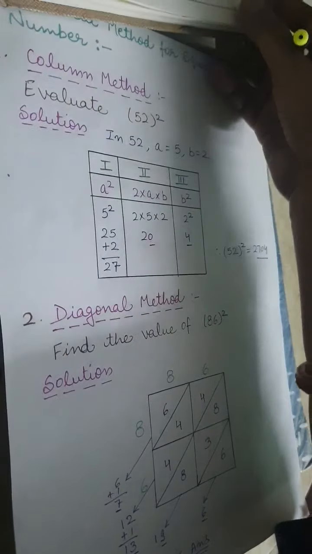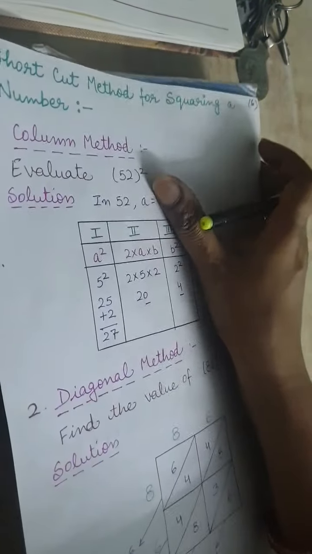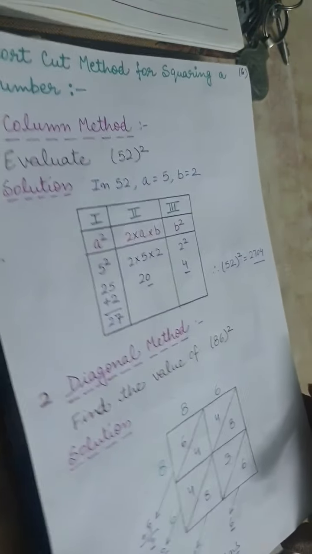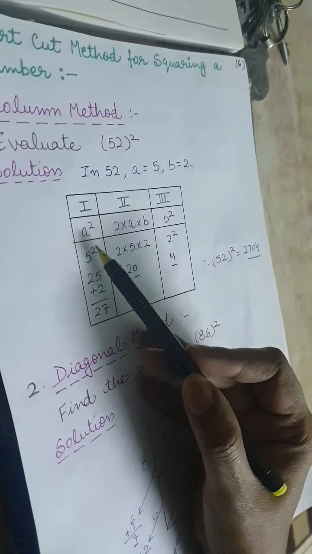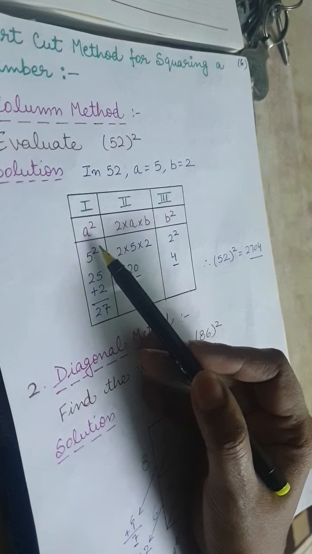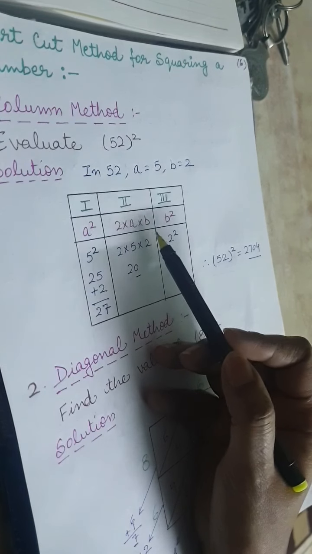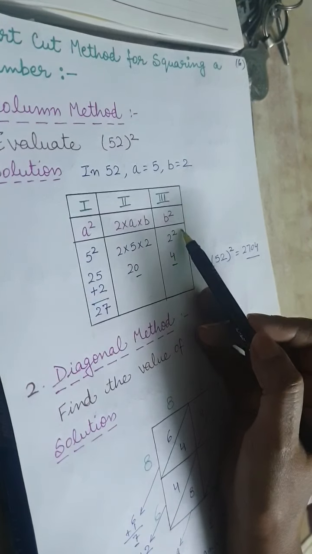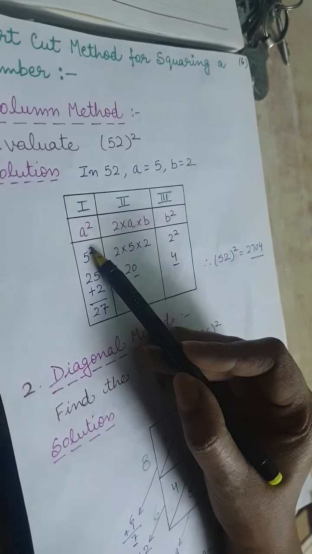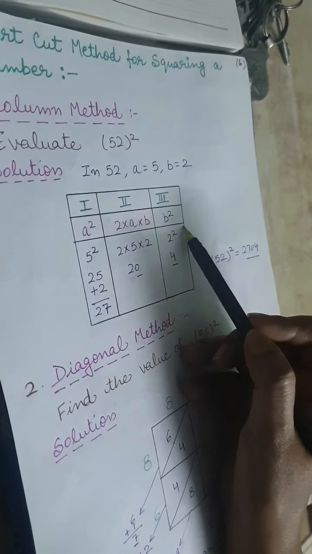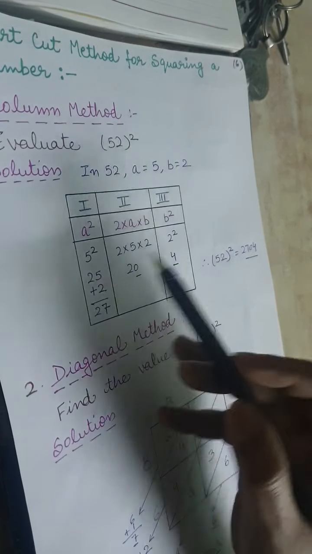So make the columns now: first, second and third. The first column is A square, then 2AB, then B square.